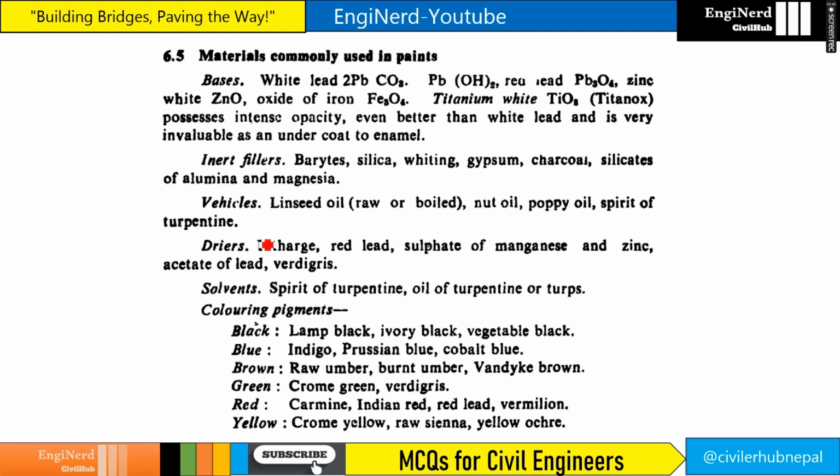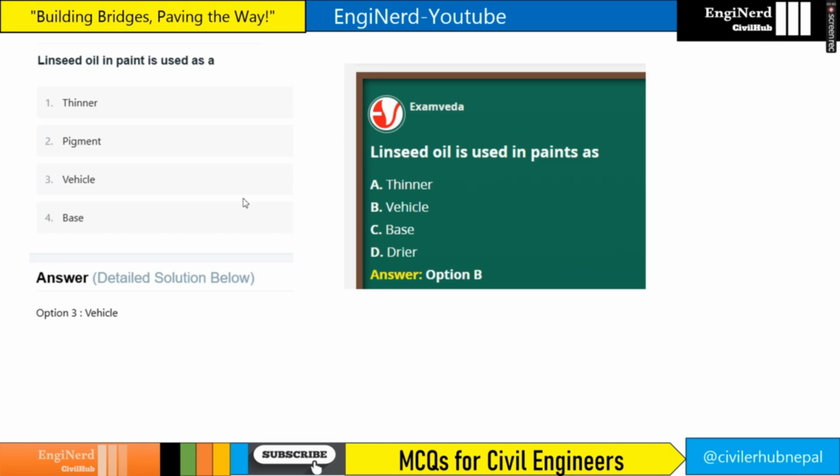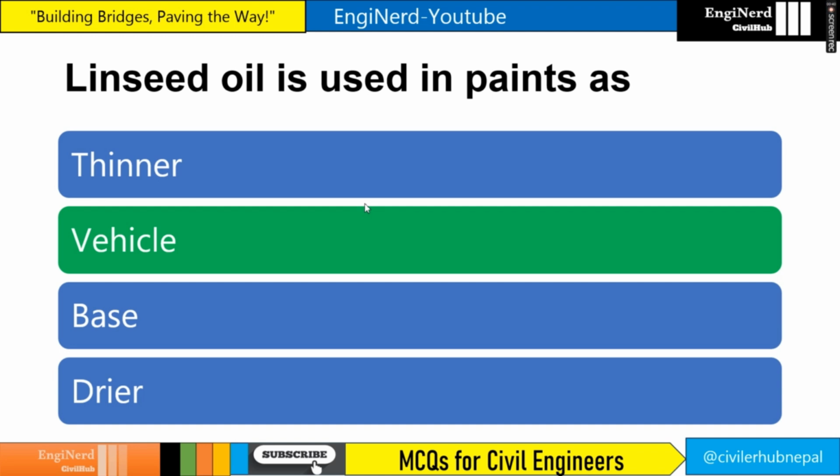Vehicles are linseed oil, knot oil, poppy oil, and spirit of turpentine. Sometimes spirit of turpentine is also given, but generally linseed oil is used as vehicle in this particular case. So linseed oil in paints is used as vehicle. Our answer will be vehicle.